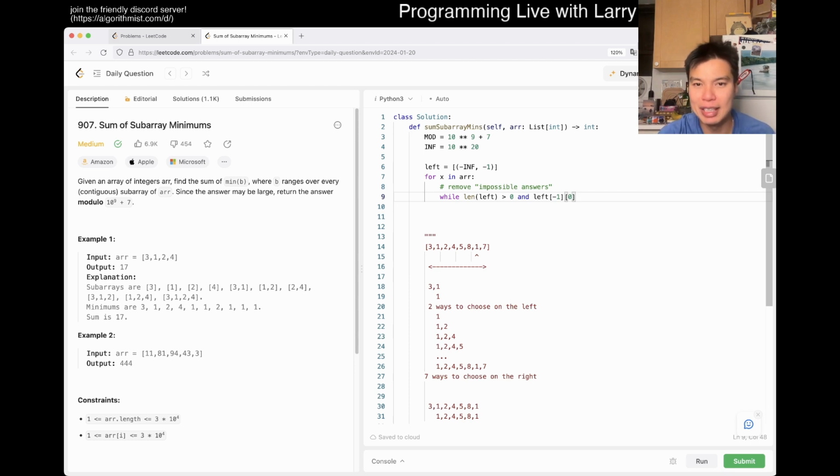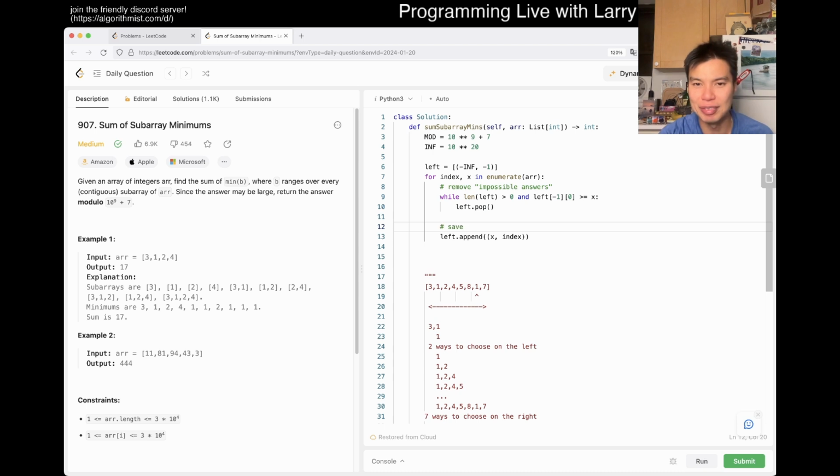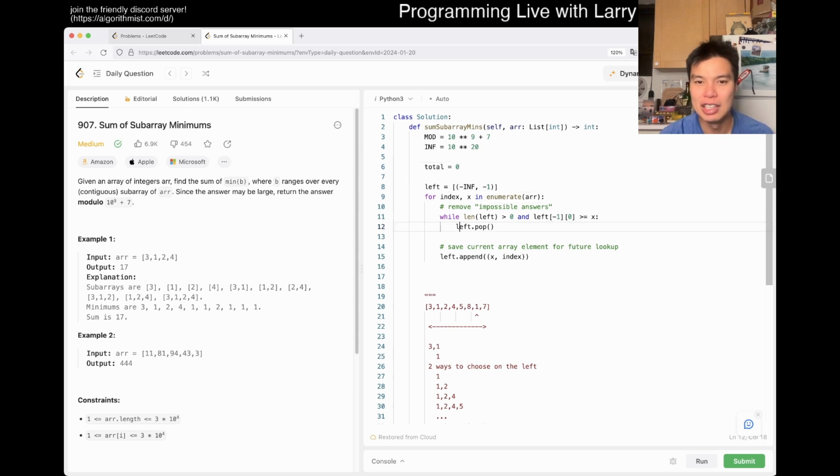But yeah, while this number is bigger than x, and actually equal to, right, because that means they're not possible anymore, then we left that pop, and then at the end we append x and an index. I actually should enumerate this so that we get the index. Right, so that's the part about removing answers, and then this is saving the current array element for future lookup, I guess, right? But actually I forgot to do the more important part, which is the counting, right? So then now here, oh no, I guess we have to do this first.